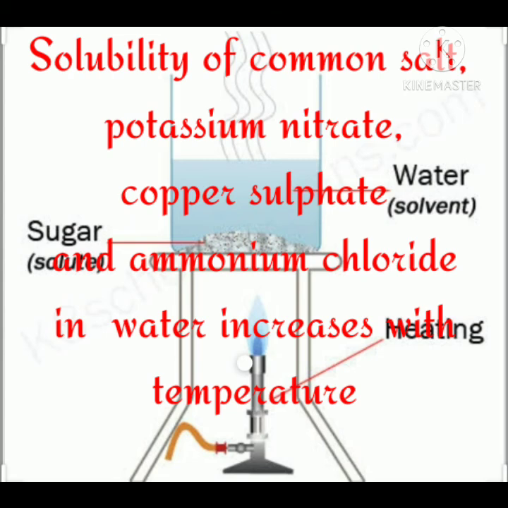Suppose I take a saturated solution of salt and water and I heat it, I will see that even the undissolved salt will now dissolve in water. That means when the temperature is increased, the solubility also increases.